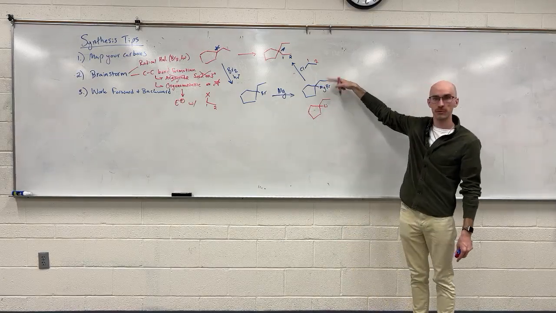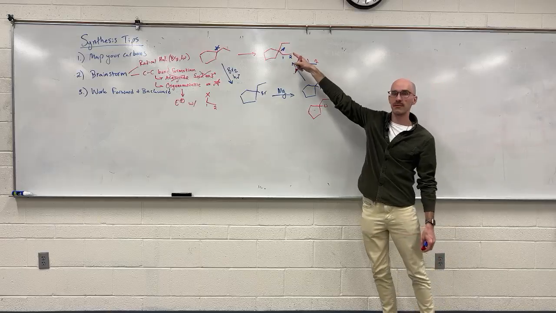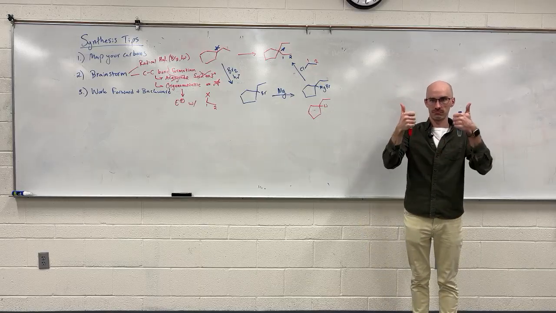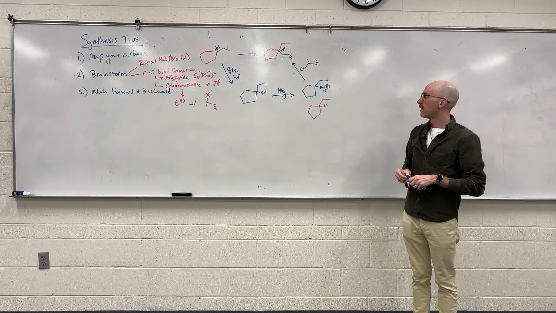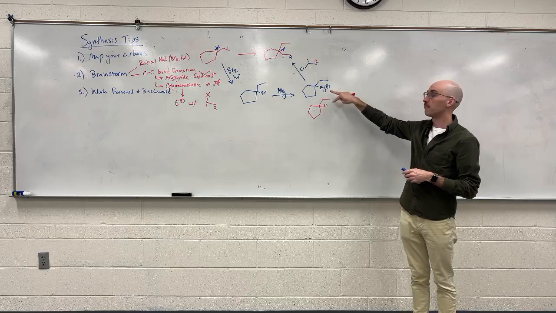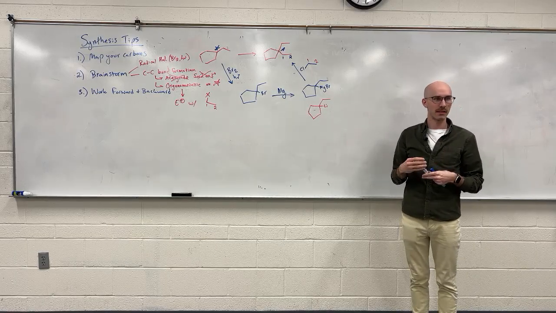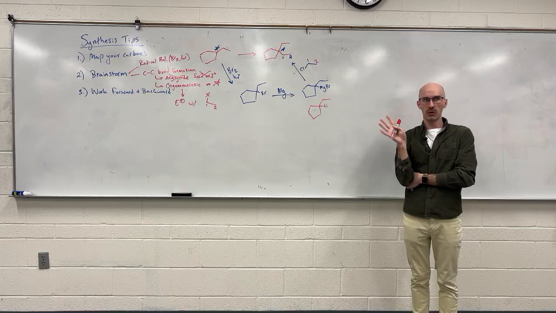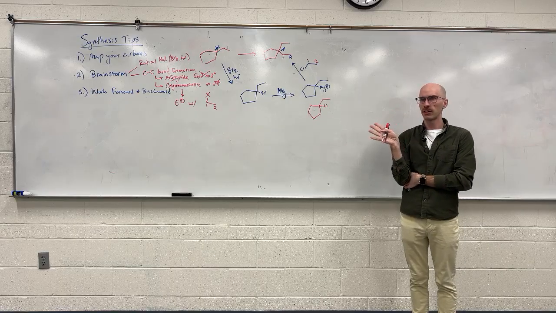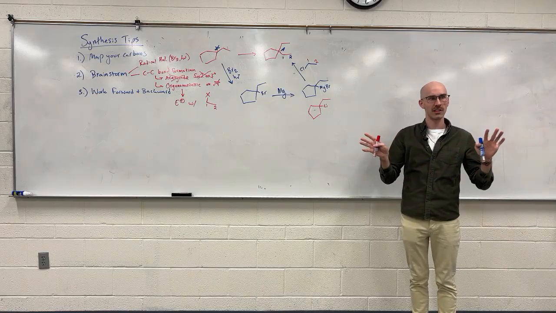Either of these two groups will do the exact same function here. But they're not both Grignards, because Grignard implies having magnesium. It's kind of like Friedel-Crafts. We talked about Friedel-Crafts alkylation and Friedel-Crafts acylation.